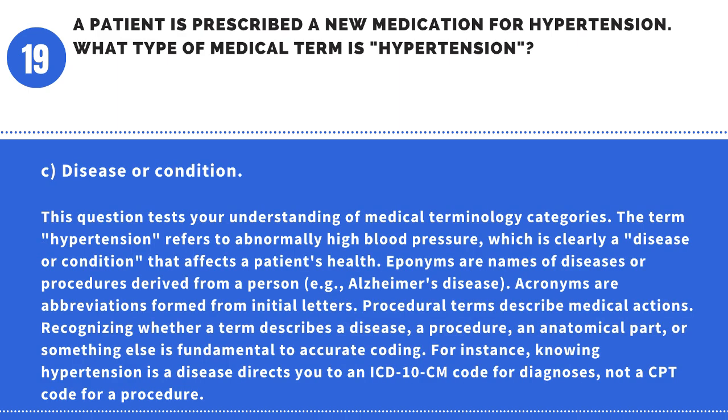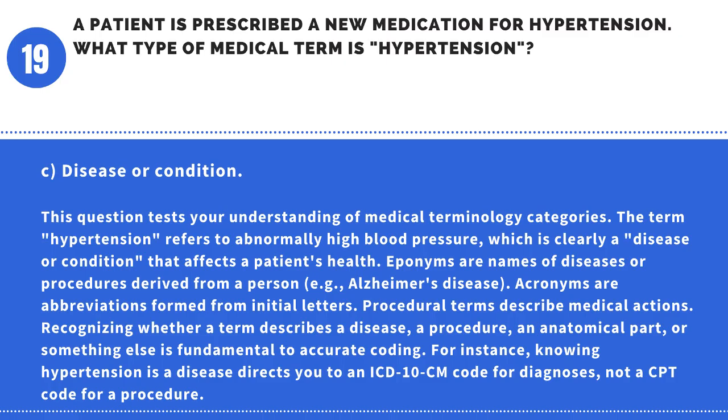Answer C. Disease or condition. This question tests your understanding of medical terminology categories. The term hypertension refers to abnormally high blood pressure, which is clearly a disease or condition that affects a patient's health. Eponyms are names of diseases or procedures derived from a person, e.g., Alzheimer's disease.